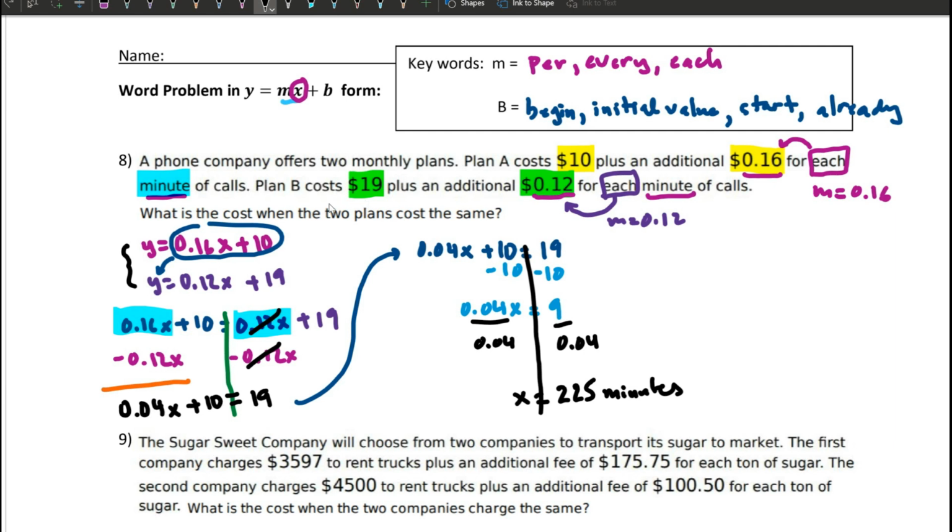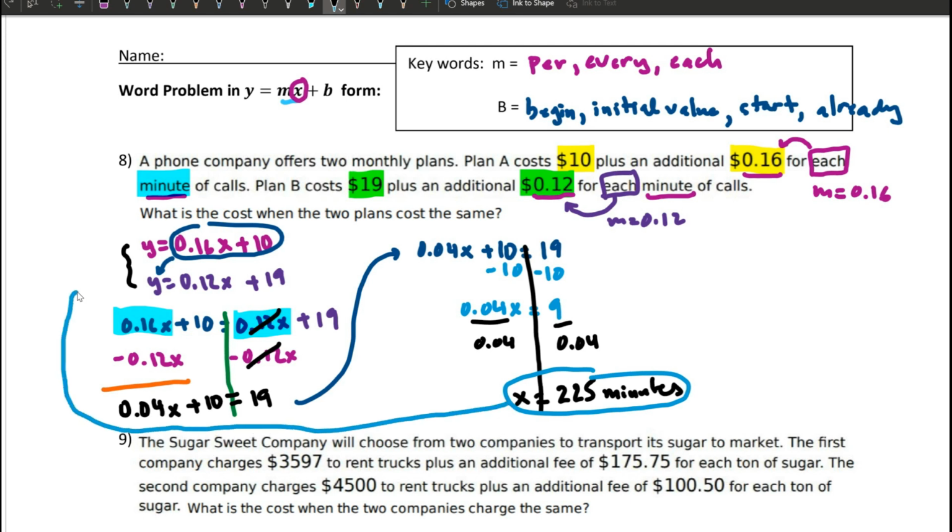Okay. What is the cost when the two plans cost the same? We know the two plans cost the same at 225 minutes, but we need to plug it in to see how much it actually costs. So we're going to take this and plug it into either the first or second equation. It doesn't matter which one you plug in, you will have the same answer. I would choose the second one because it looks easier. y equal to 0.12x plus 19. And we know our x is 225 minutes.